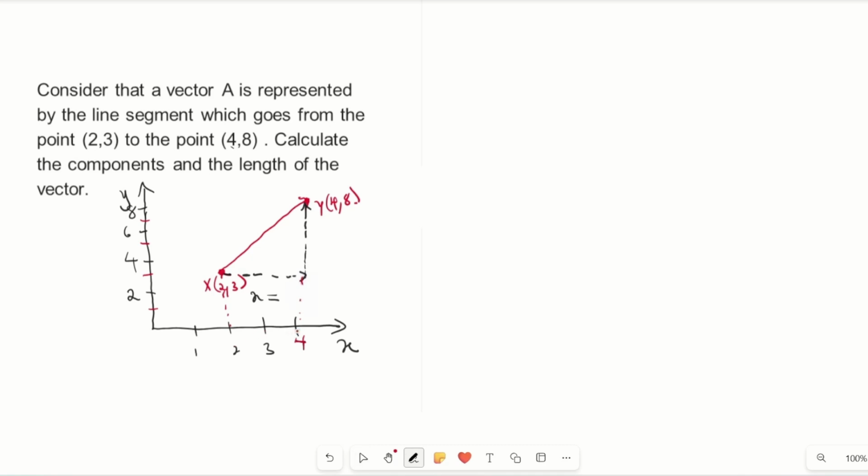From 2 to 4, what's the distance? We have 1 and 2. So x is 2 here. Then when we consider y, we are moving from the 3 to the 8. So the distance of y from 3 to 8 should be 5.